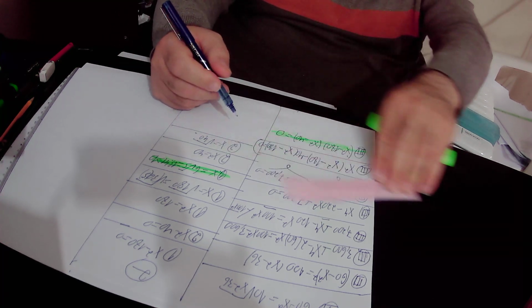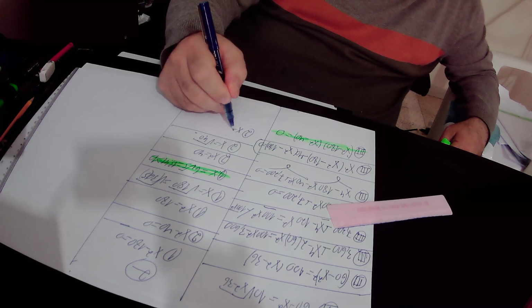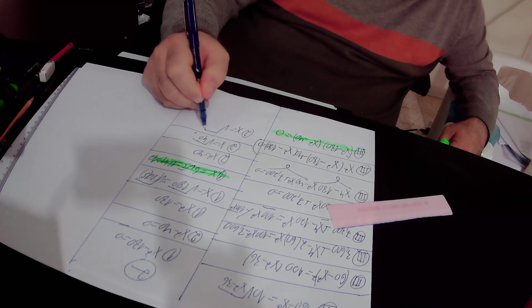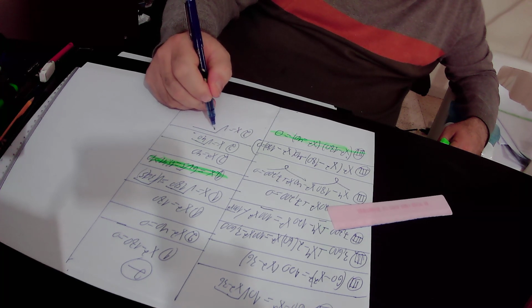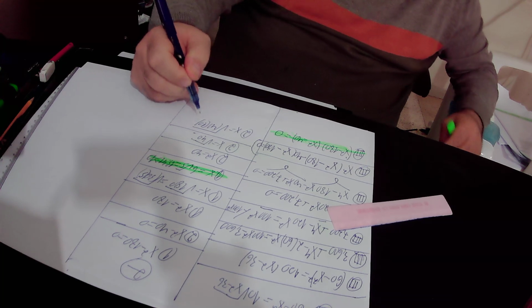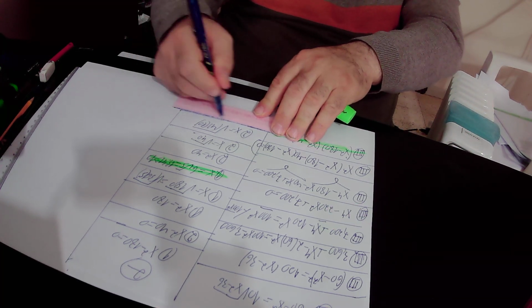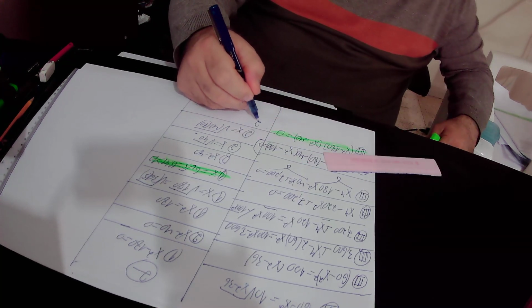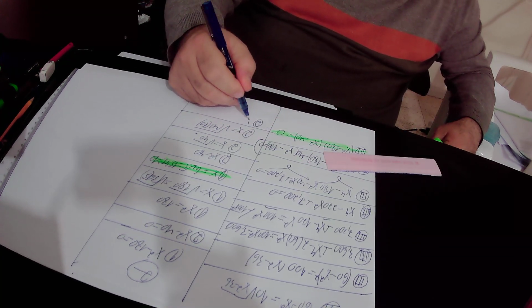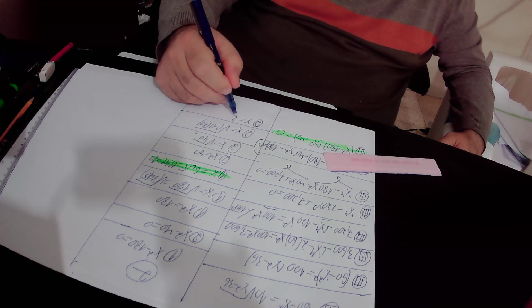So we substitute 40 by 4 times 10, and we get that x equals the square root of 4 times 10. The square root of 4 is 2.